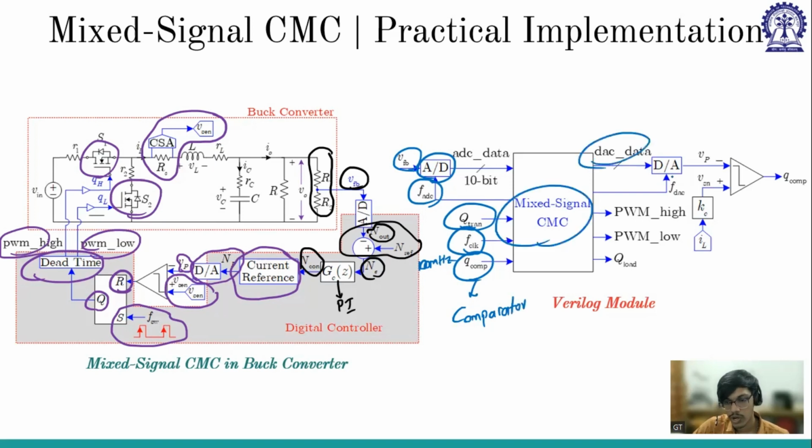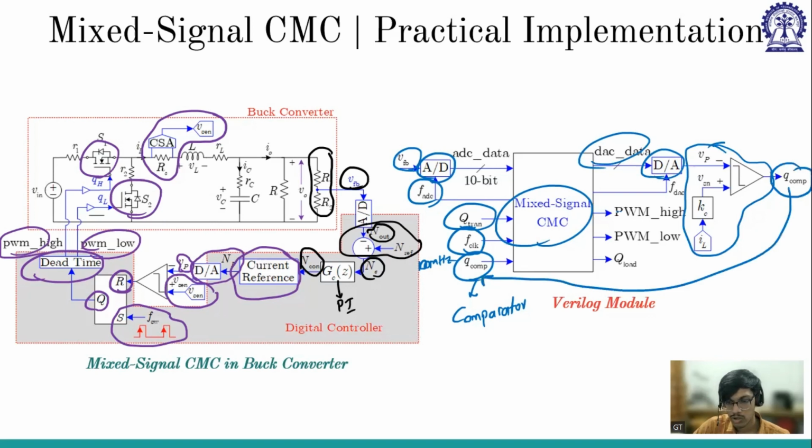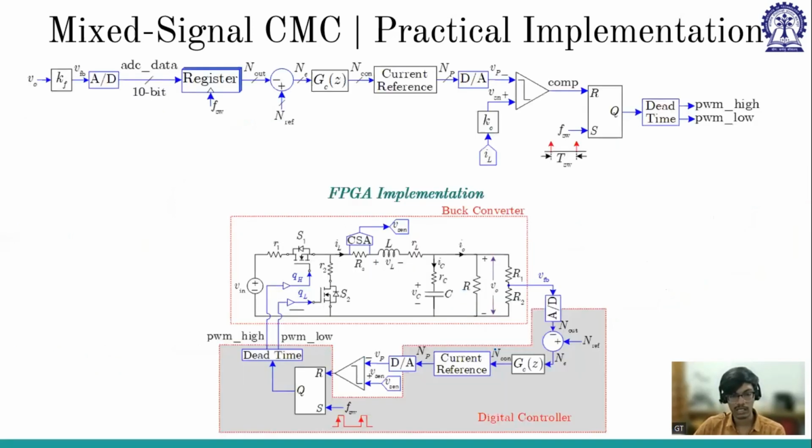Output DAC data is going into the DAC compared with that current comparator, and this Q comp is again going back here. Also we have PWM high, PWM low, Q load going further. So the same thing will be there, and this is for the load transient, and we had discussed this in week 8 also, and week 10 as well. And this is the FPGA implementation.